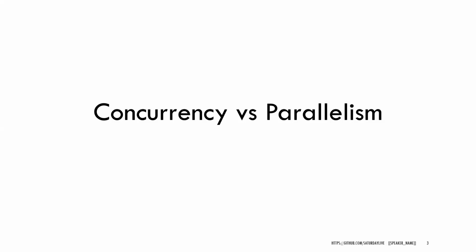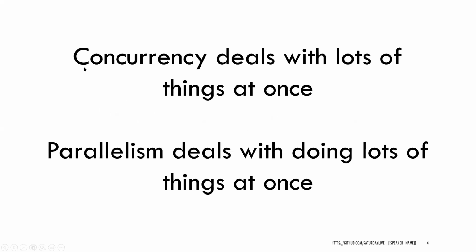What is concurrency and parallelism? To summarize, concurrency deals with doing lots of things at once, right? Maybe there is only one CPU and we are trying to do multiple things. In this case, synchronization is what we need to look into: how two different threads are able to communicate and how they can execute one after another.